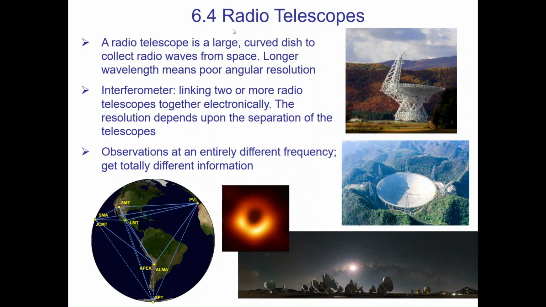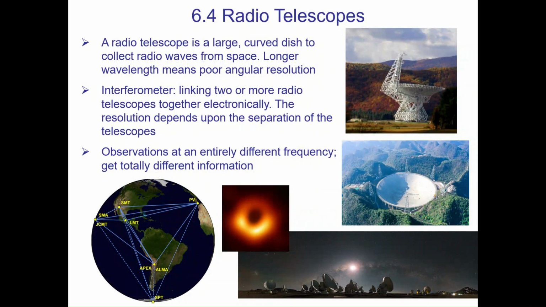So what does a radio telescope look like? If you look at the overall structure and appearance, it looks very close to the dish used to receive television or radio station signals. So the radio signal emitted by the star can be collected by the radio telescope.